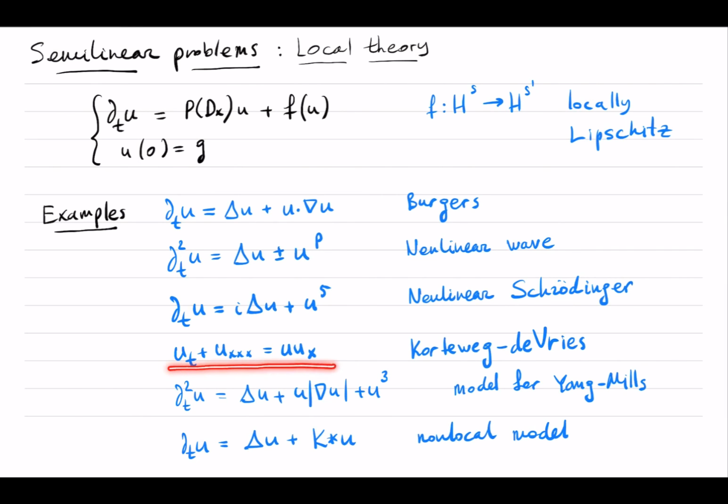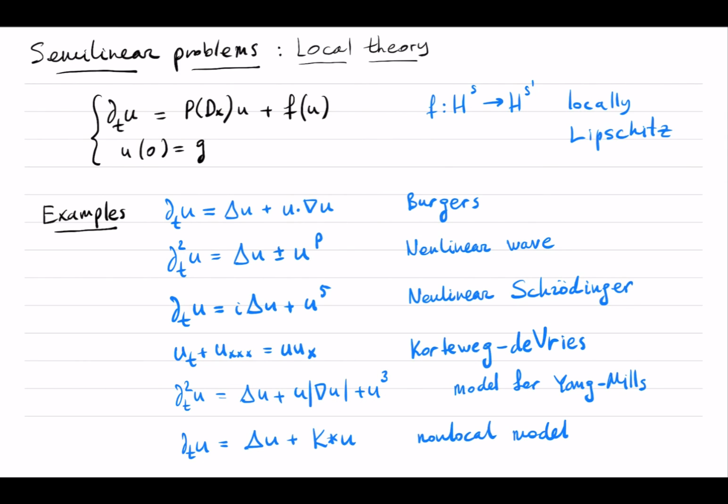The so-called KdV equation, which has this third order dispersive term, and it has this nonlinearity. As you can see, nonlinearities can involve derivatives. It may involve also just the solution U. And another example of a nonlinear wave equation here, which has derivative of the unknown and also some nonlinear power.